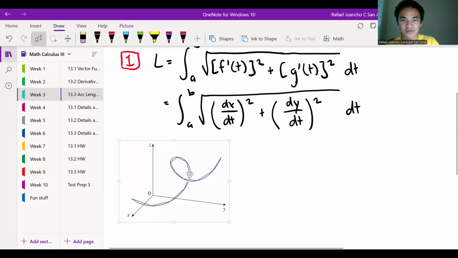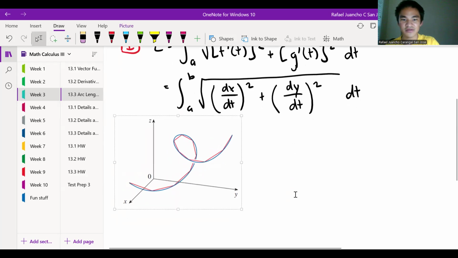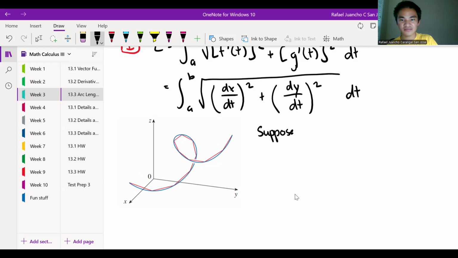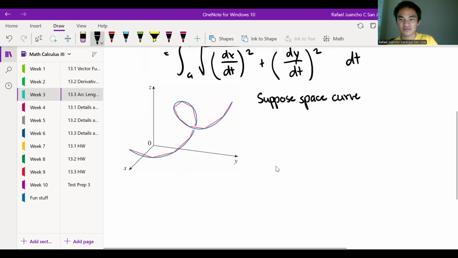So here we're not talking about the plane curve, we're talking about a space curve. It has a vector equation, right? Suppose that's how we identify a space curve. We use a vector equation to describe it.